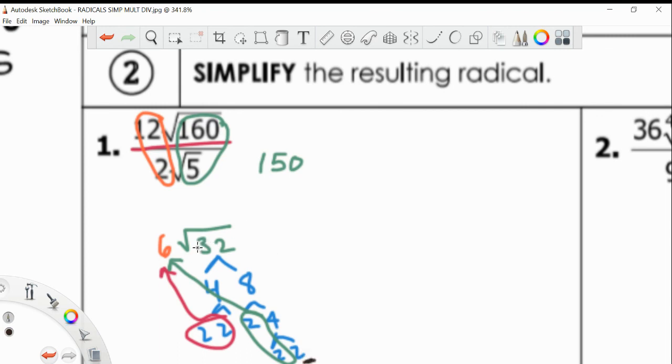So to finish this question, we've got 6 times a 2 coming out front, which is going to be 12. And then we've got 12 times another 2, which is going to be 24. And then what's left over on the inside? Just the 2 is left over on the inside.